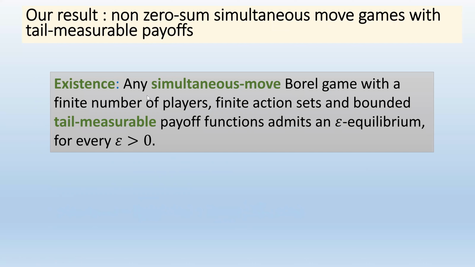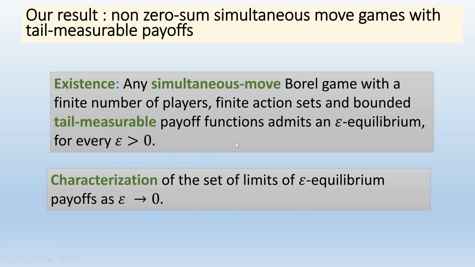One is a result of existence: any simultaneous move Borel game with a finite number of players, finite action sets, and bounded tail measurable payoff functions admits an epsilon equilibrium for every epsilon. The other is a characterization result, and I will give you the exact characterization when we get there. It is a characterization of the set of limits of epsilon equilibrium payoffs as epsilon goes to 0.